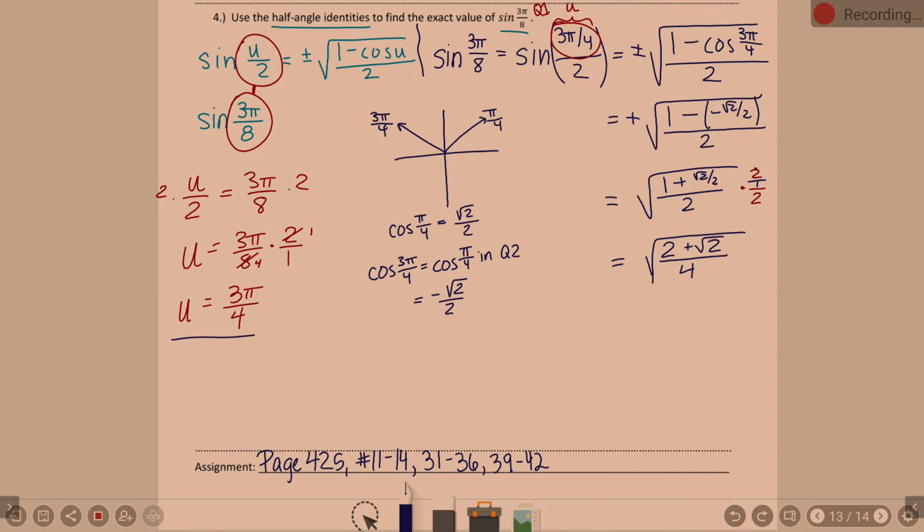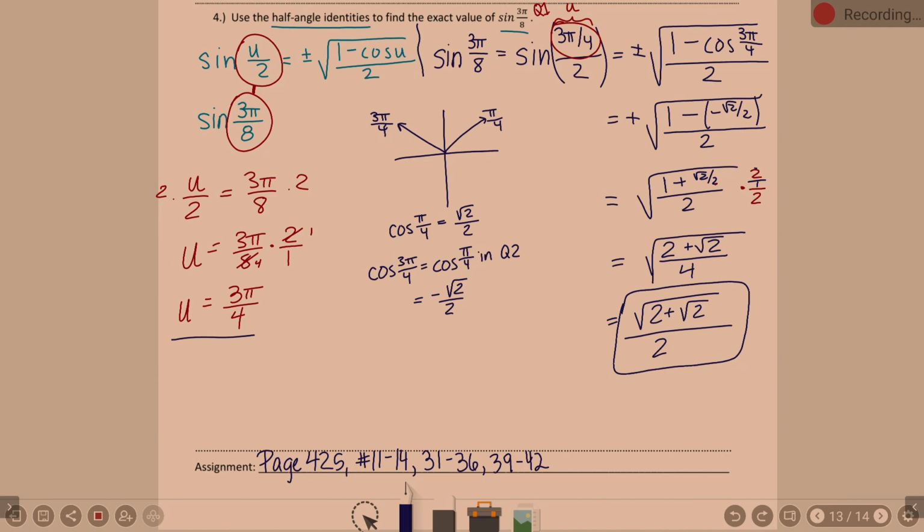Take the square root of the square root of 4, which is 2. And then just move the square root to the top. Right, so that denominator is a nice, neat, perfect square. And here's the deal, we don't like to have square roots in our denominator. And so we can just take this as on top, the square root of 2 plus square root of 2, and then all over 2. Okay? That is one way you could see the answer.